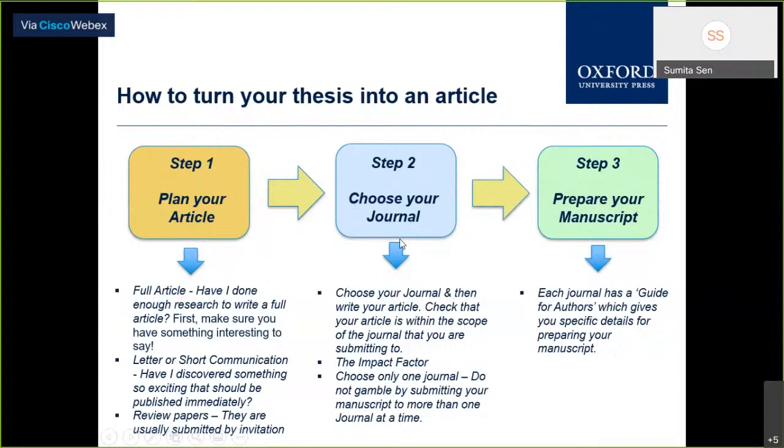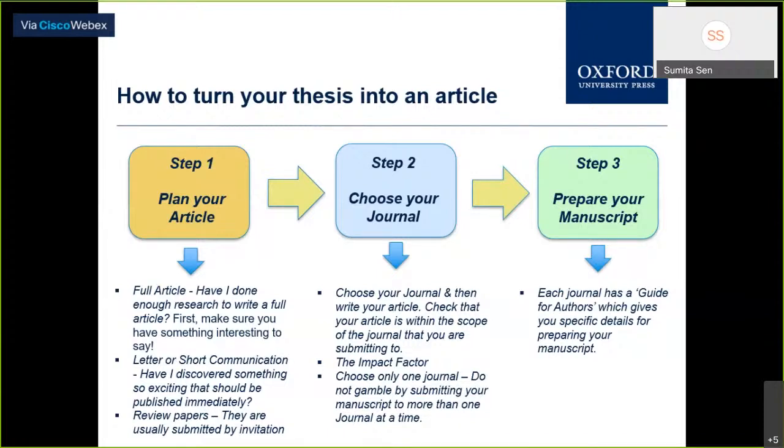The next most important step is to choose your journal. How would you choose your journal? You will check the scope of the journal. If you're writing about dementia, you can write in Age and Ageing, or in the journal Brain, but it will not make sense with, say, an orthopedic journal.